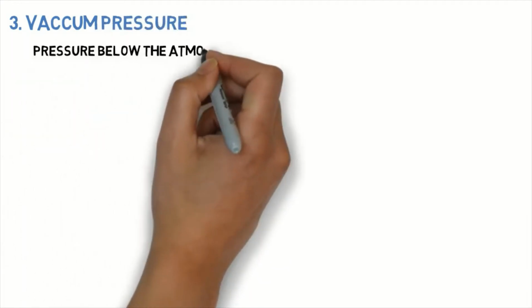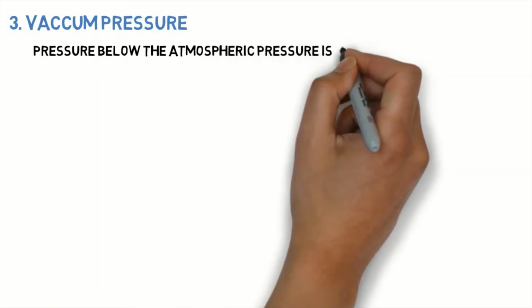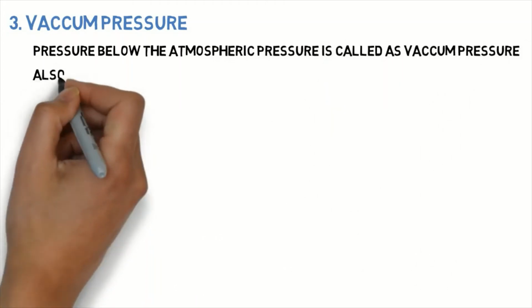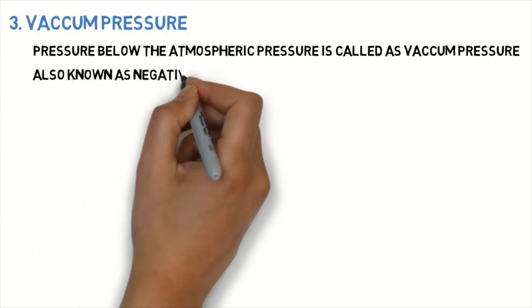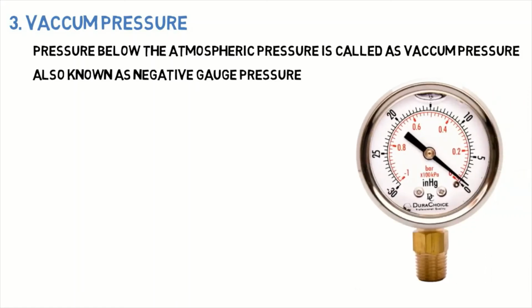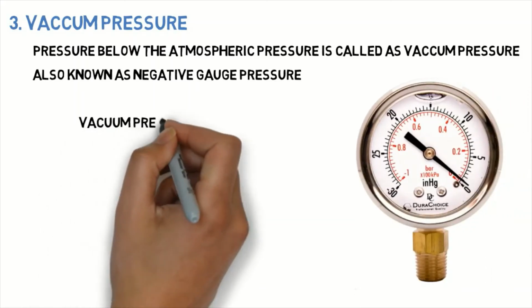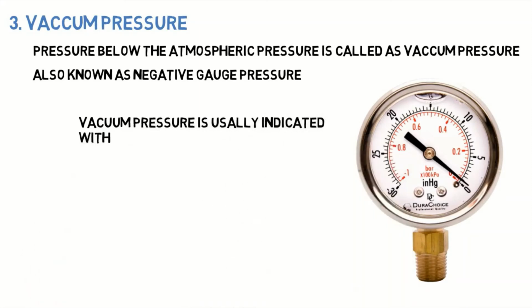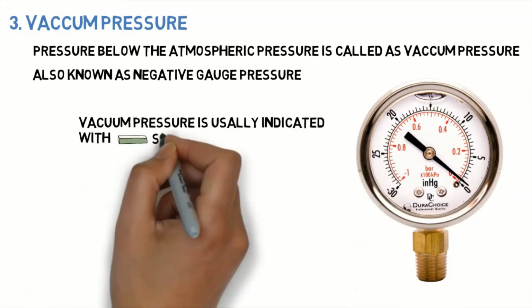Pressure below the atmospheric pressure is called vacuum pressure. Vacuum pressure is also known as negative gauge pressure. Vacuum pressure is usually indicated with a negative sign.